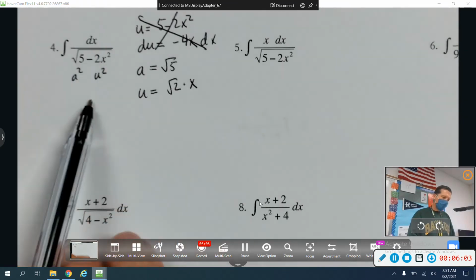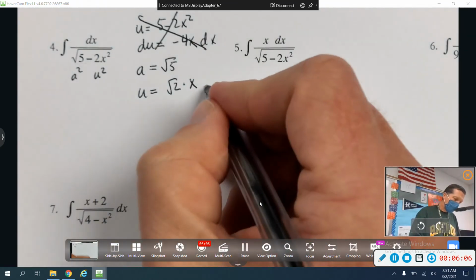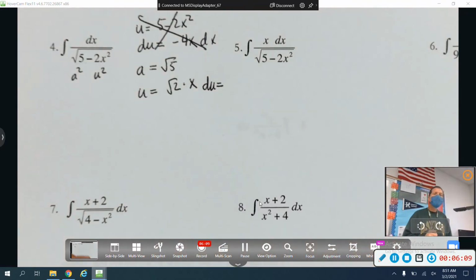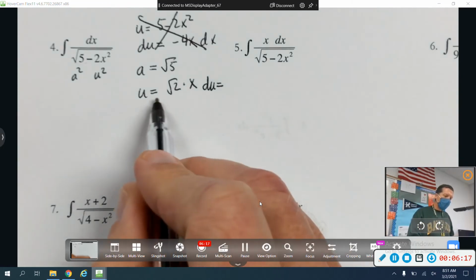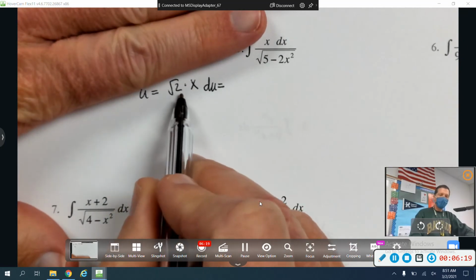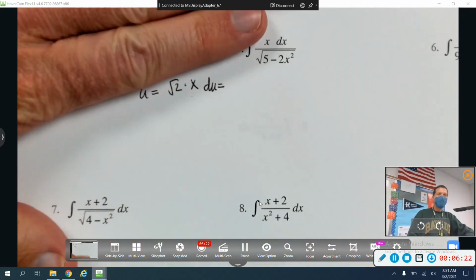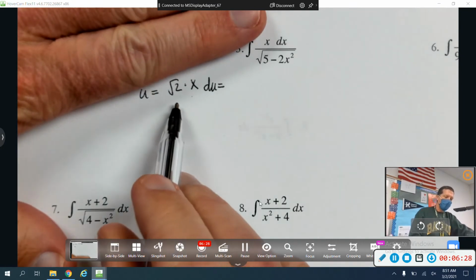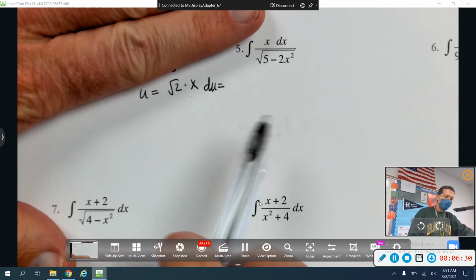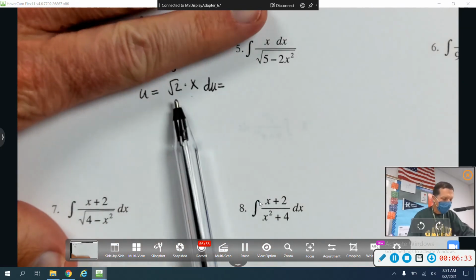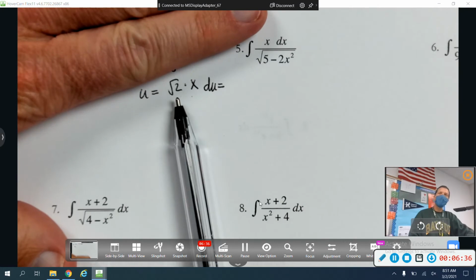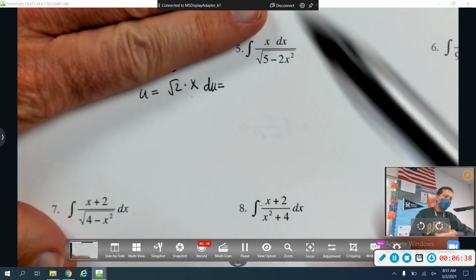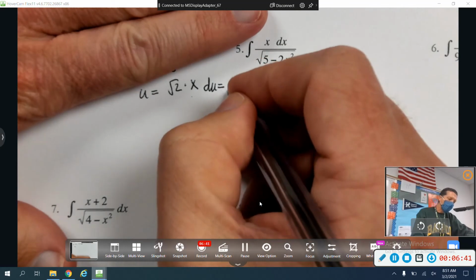But then dx is kind of mixed up in this. du would not be 1 dx. If u is the square root of 2 times x, then du is, because the square root of 2 is just a number, just a constant floating outside, the derivative of square root of 2 times x is just square root of 2.